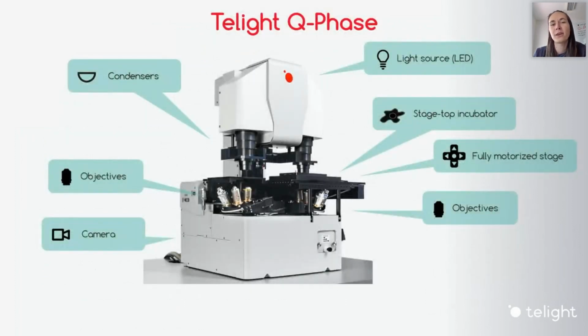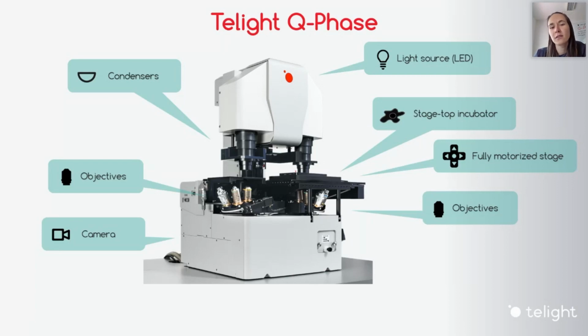And what do we do here at Telight? We designed and produced a microscope called QPhase, which is based on this principle. So you can see that in the beginning there is a light source, and then the beam from the light source is split into two arms. You can see in the image there are two condensers, two sets of objectives, so two identical optical pathways for the light beams.